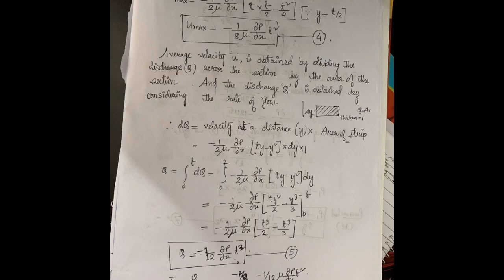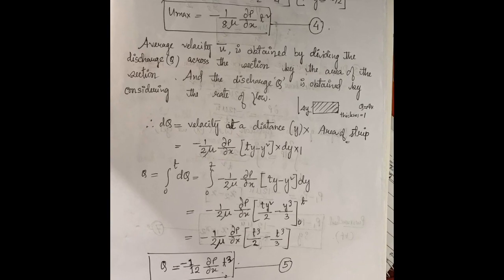As I have told you, to find u maximum you have to take y equal to t divided by 2.